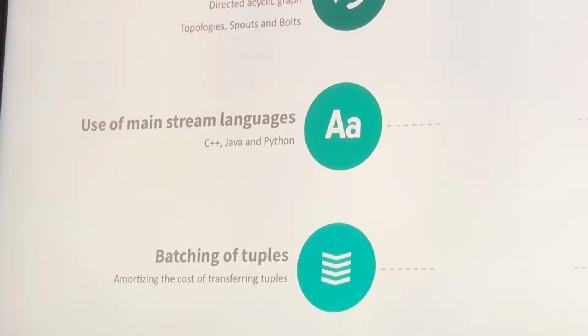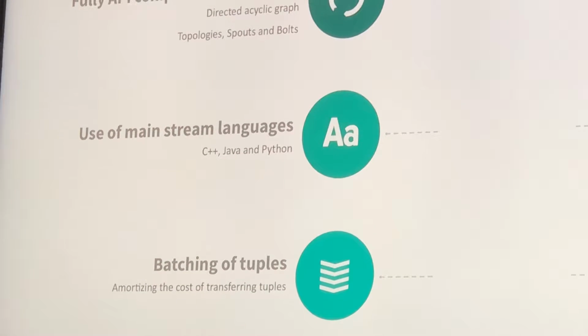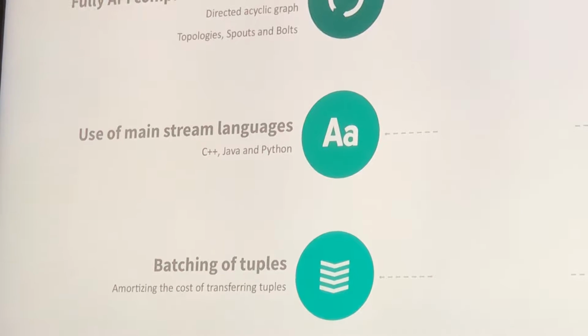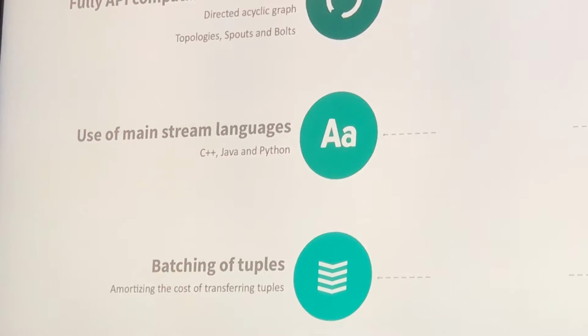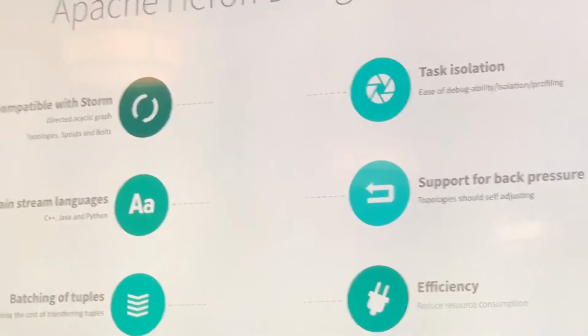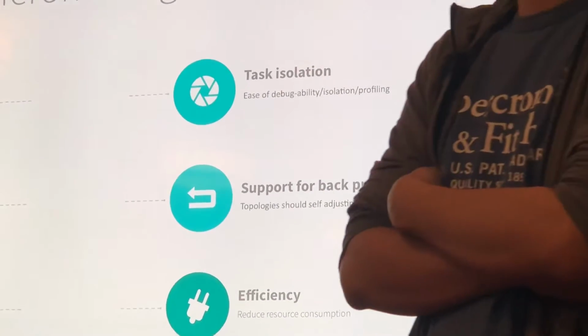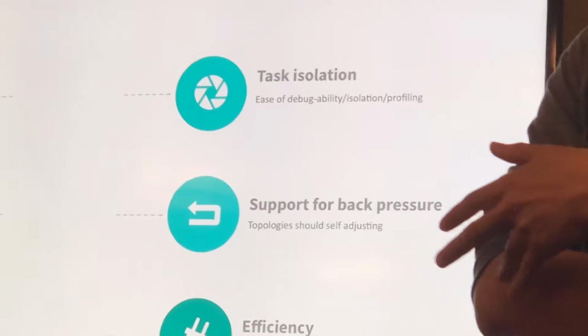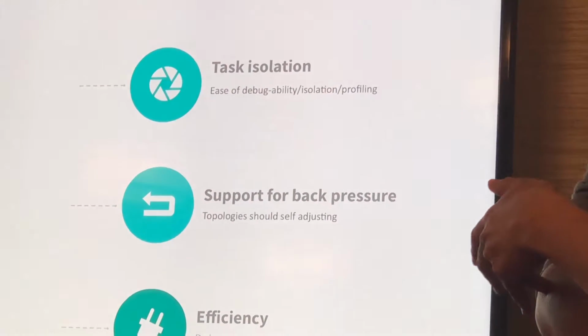And also task isolation. I think this is a must-have requirement for modern computing frameworks: separating each job or task so that each one can run fine without affecting others.